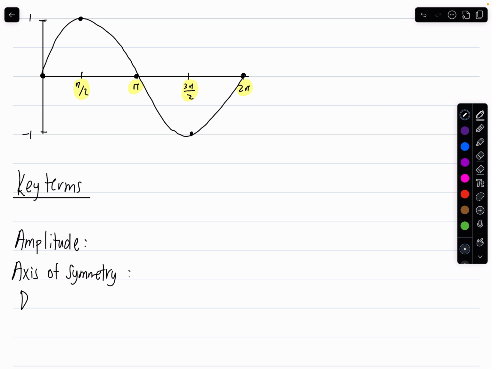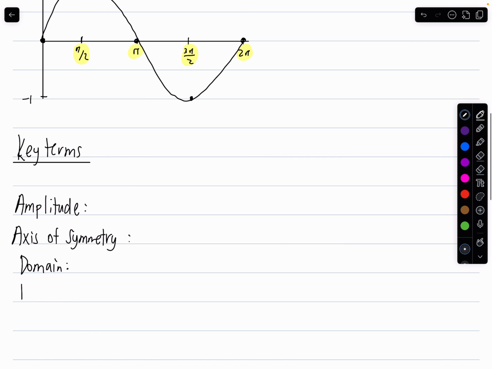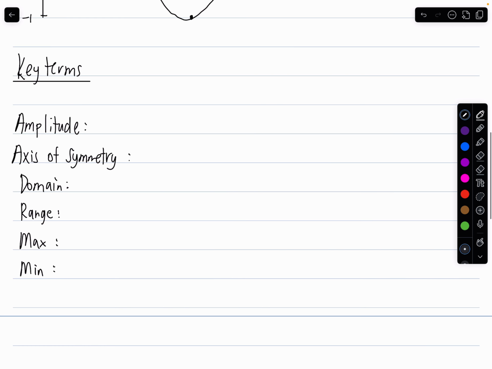The third is the domain. The fourth is the range. The fifth is the max. The sixth is the min. And there's another one as well, which I'm going to add in here, which is the period.